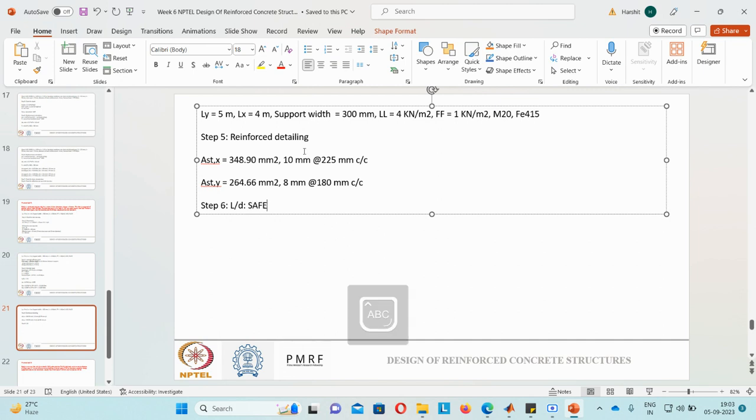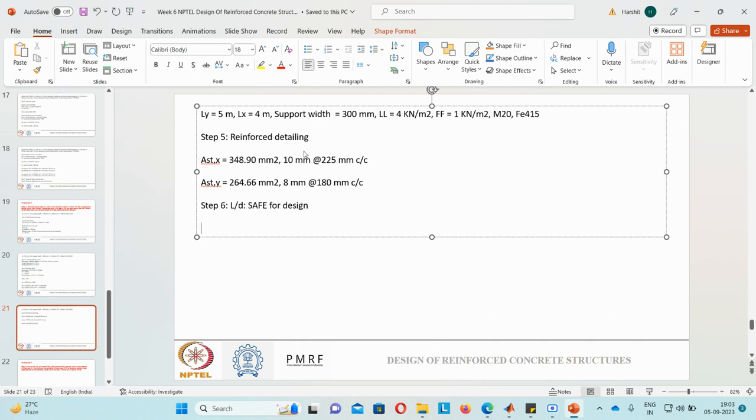When you do this calculation, you will find it is safe for design. That is very basic, so I am not telling again. Now what is the main part here? The main part is the design of torsional reinforcement that I wanted to show you in this question.